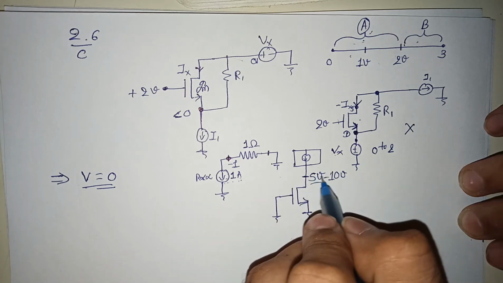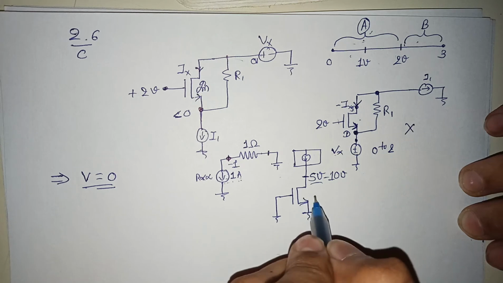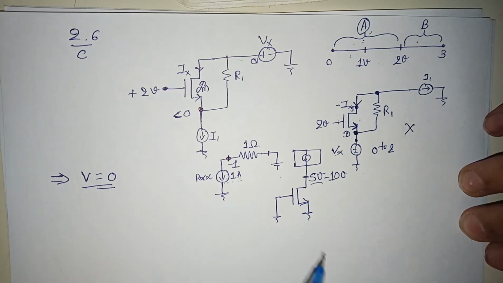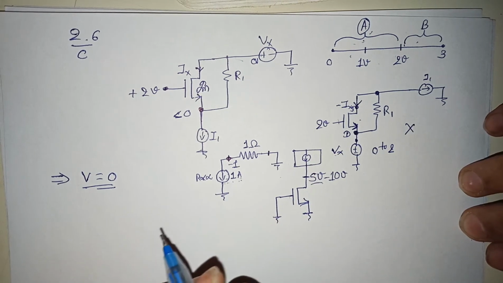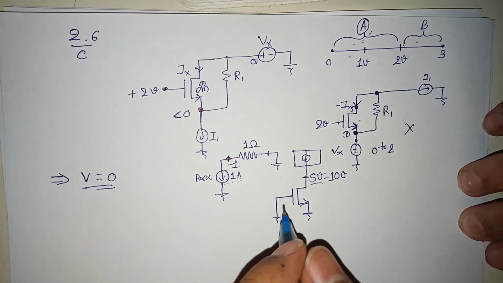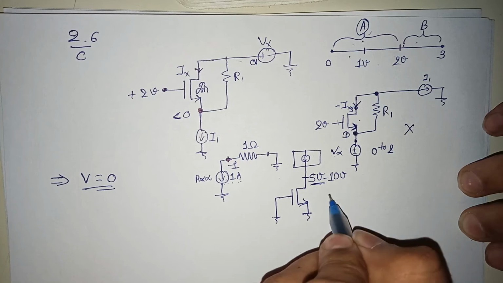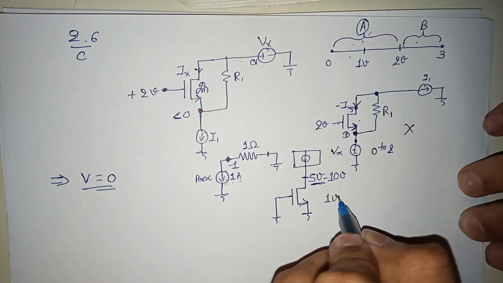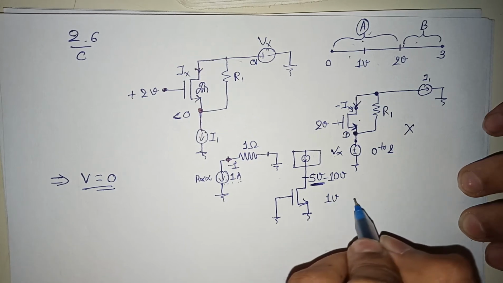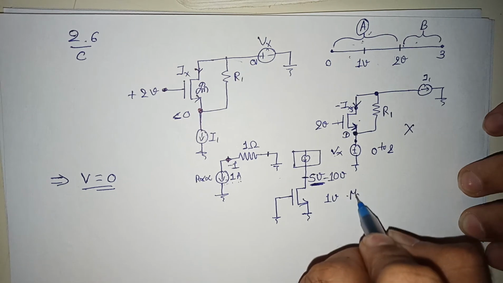It will put the voltage somewhere here and VDS will be so high that the current can pass through this MOSFET even though your gate voltage is lower. So it will do extrapolation. If you are using a 1 volt device, 5 volt will not be considered in the mathematical model.